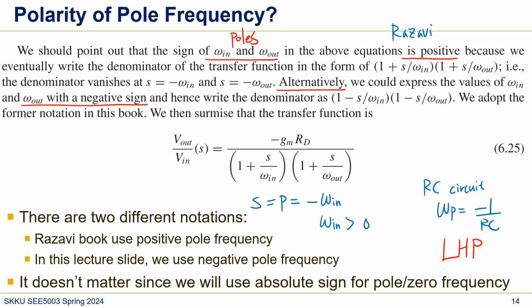So if you have a negative sign in our pole, you automatically inherit this LHP feature.